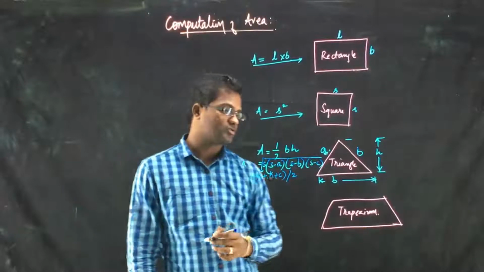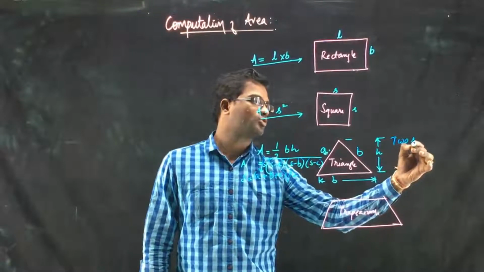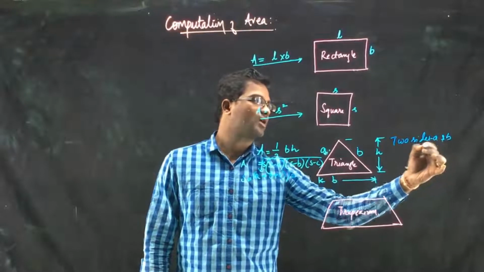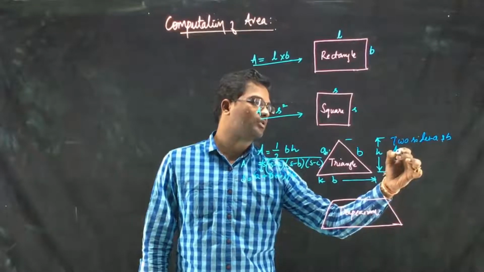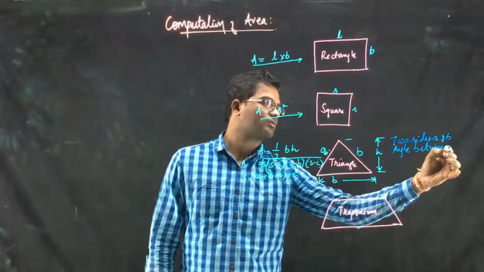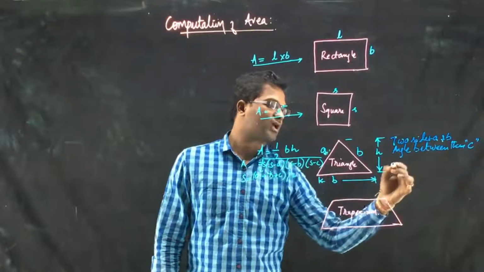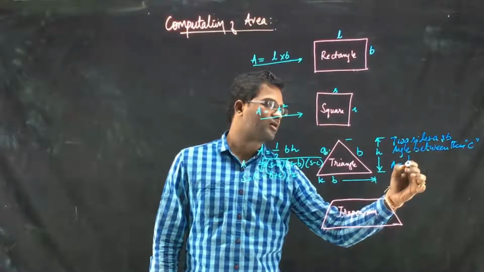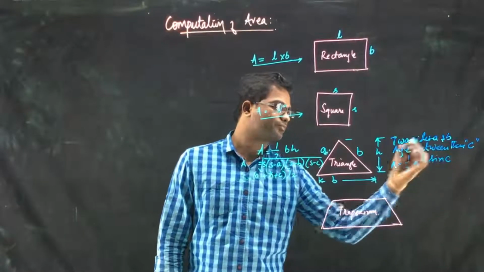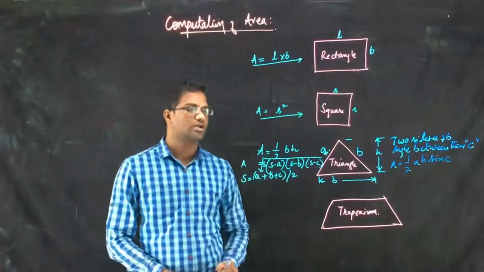And if you happen to know two sides, A and B, and the angle between them, let me say that as C, then the area is given by half AB into sine C. You also have this equation.